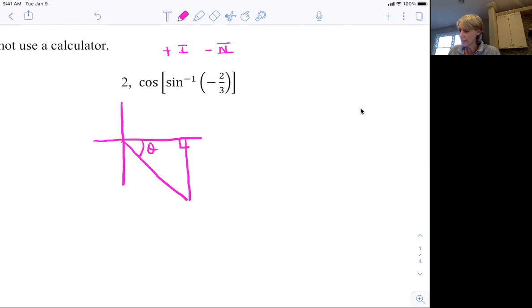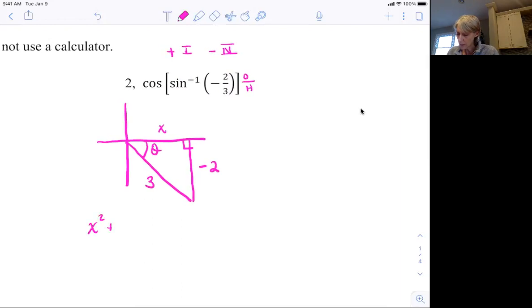And since the sine is opposite over hypotenuse, my side opposite is going to be negative 2 because it's in the negative part of the y-axis. My hypotenuse is 3. And I'm looking to find that value there. A squared plus b squared equals c squared.